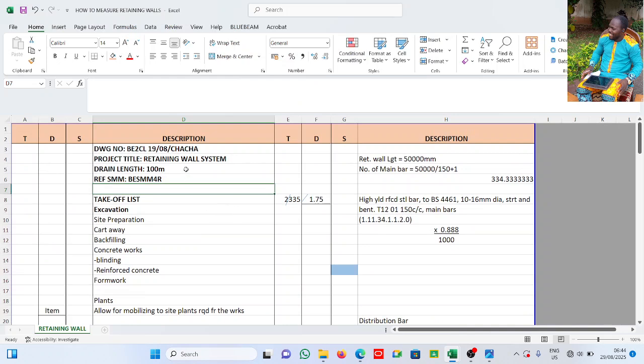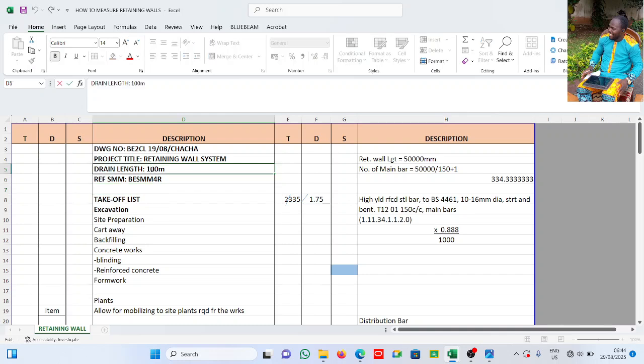Now this is the detail. The project title is retaining wall. The length, we're working with 100 meter or 50 meter; I changed it to 50 meter, say 50,000 millimeter, which is 50 meters.